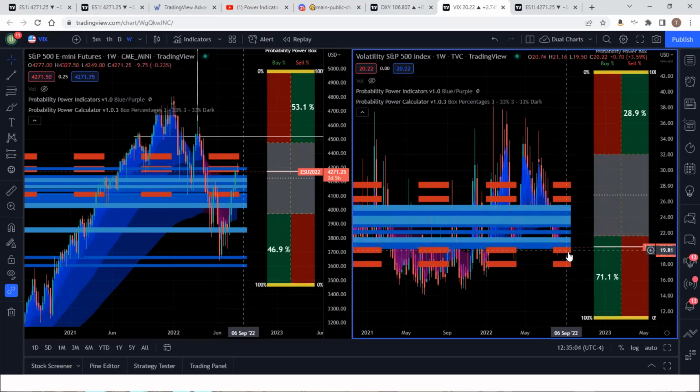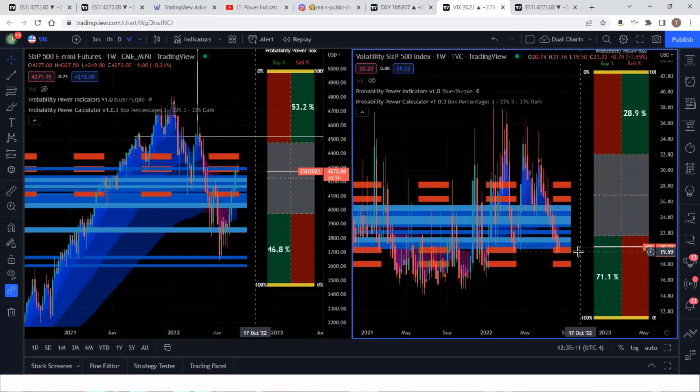We saw that happen again overnight. We got down just below 20 on the VIX yesterday, and we held that as support. We gapped down this morning. So if we see that maintain, we could see a rise in the VIX, which will be a lower price scenario in the market.